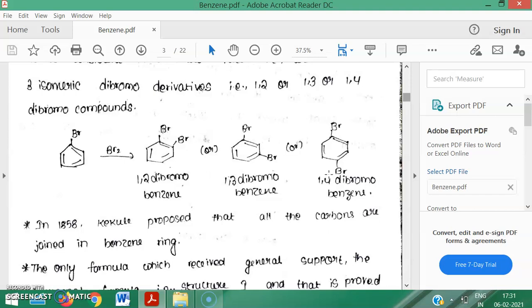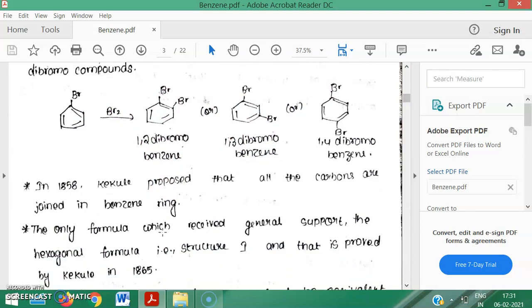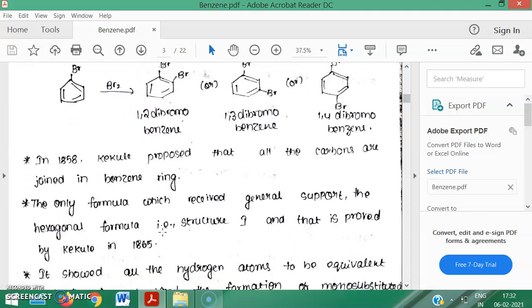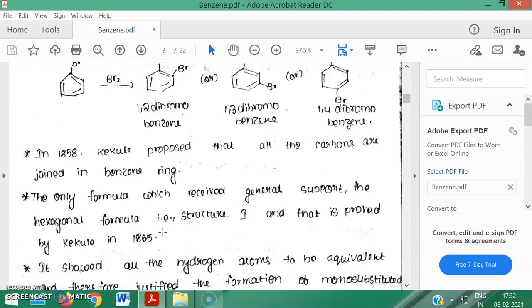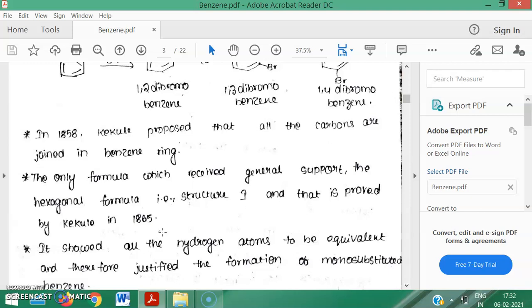It can give only one substituted compound. So that's why the sixth one and the last structure are rejected, and it was proposed and proved by Kekulé. The only formula which received general support, the hexagonal formula, that is structure 1, was proved by Kekulé in 1865.